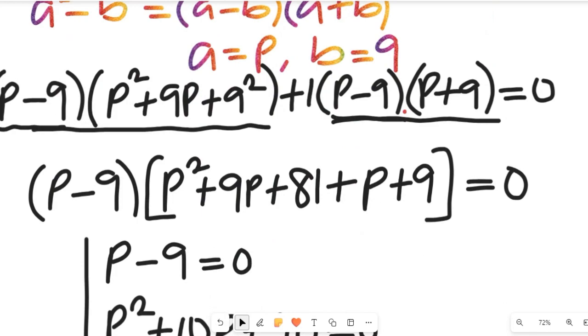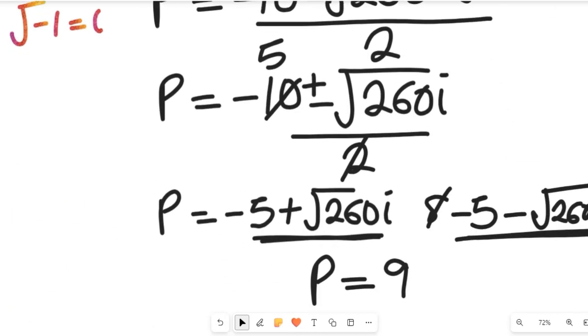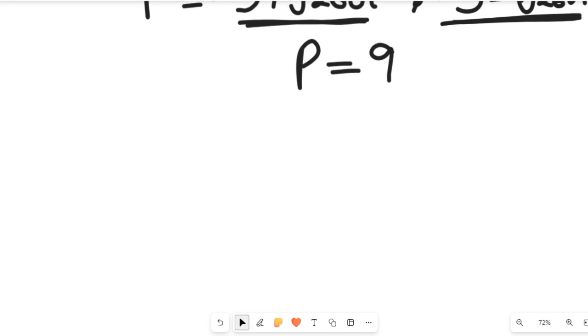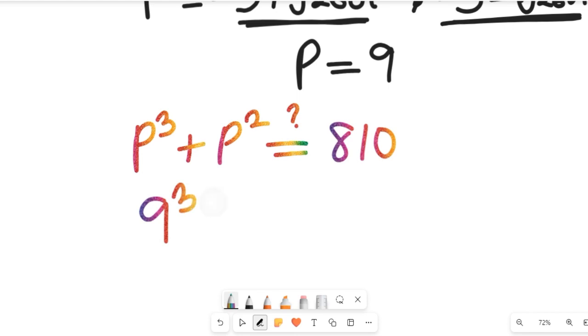So if we insert the value of p equal to 9 into that expression, are we going to have 810? Let's try that. We have p to the power of 3 plus p to the power of 2. Now we have 9 to the power of 3 plus 9 to the power of 2.